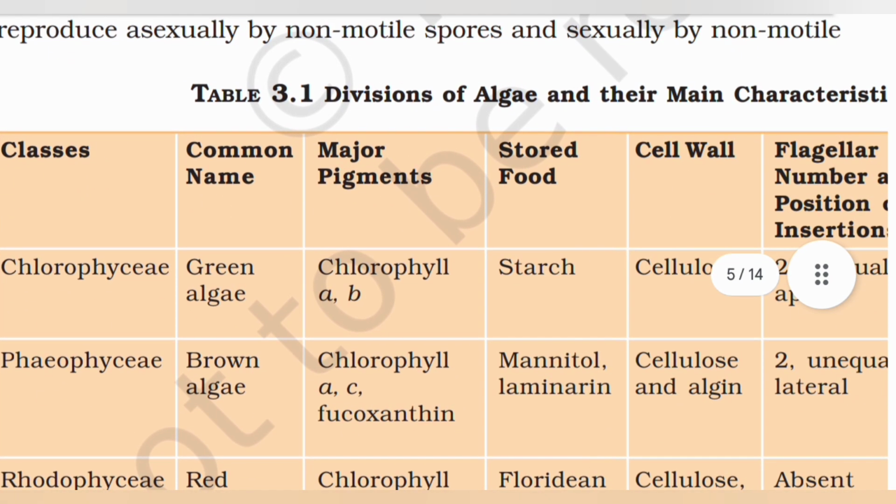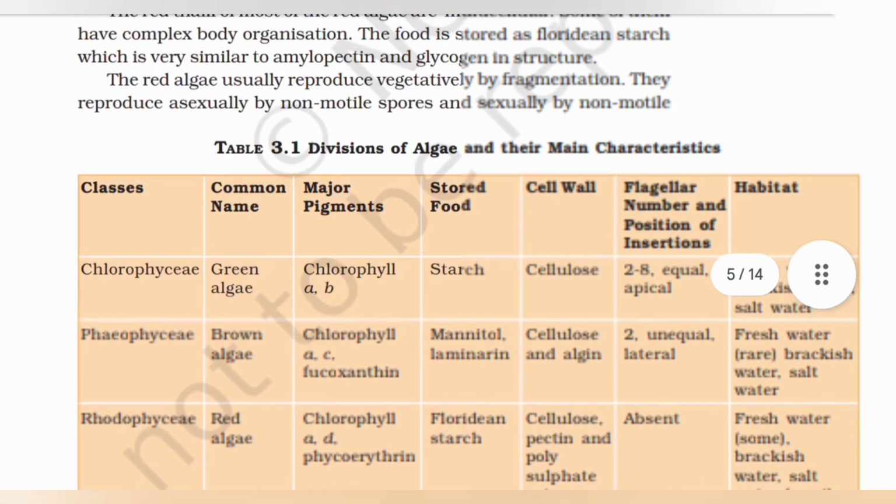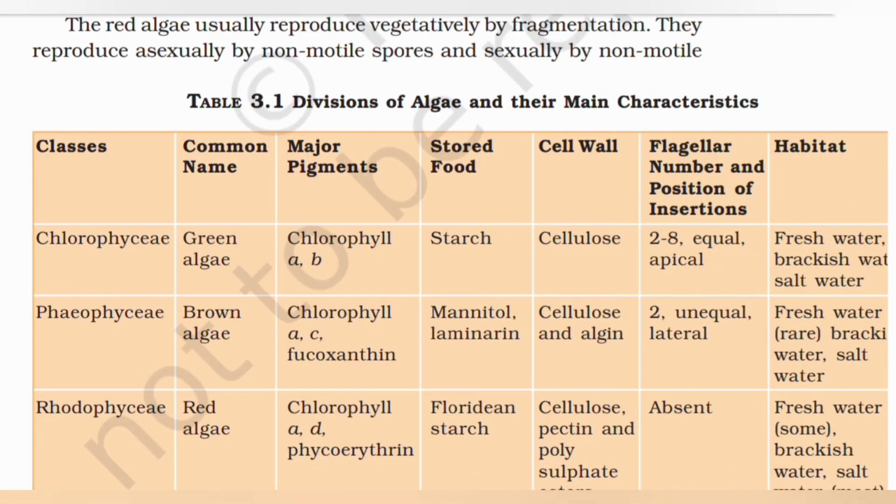Table 3.1. Division of algae and their main characters. Class, common name, major pigments, stored food, cell wall, flagellar number and position of insertion, habitats.